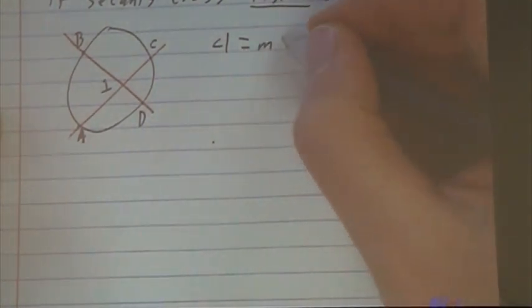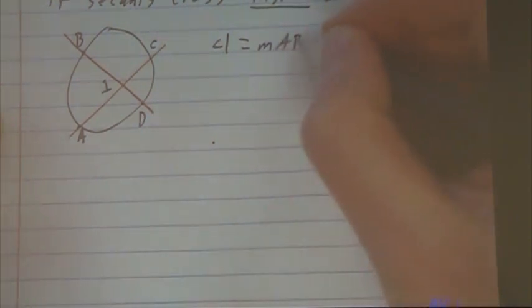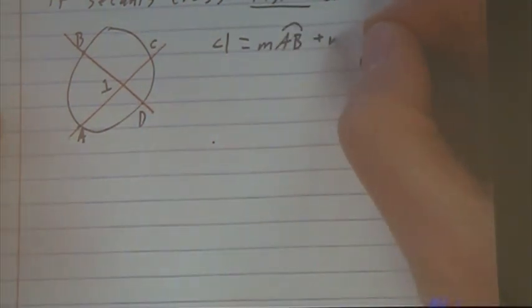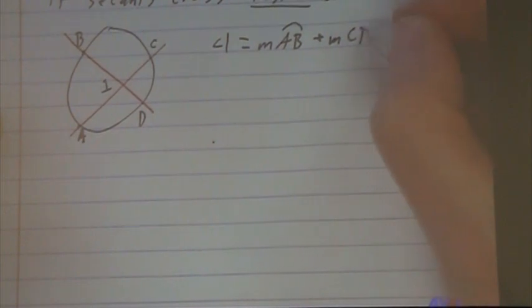So the angle measures, we're talking the angle measures here. So angle 1 equals the measure of AB plus the measure of CD, all divided by 2.